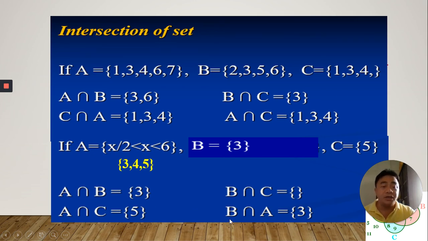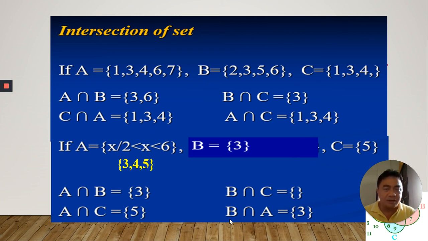So question, do you have any question about the intersection of sets and the union of sets? Again, remember, for the union, just simply combine all the elements. If there are common elements, write that only one time.